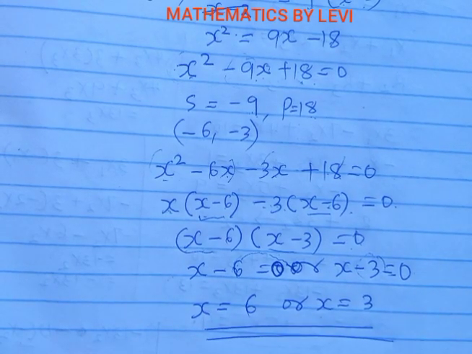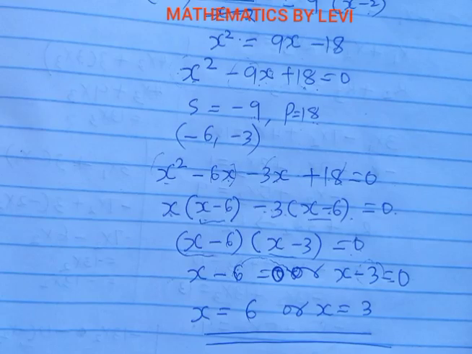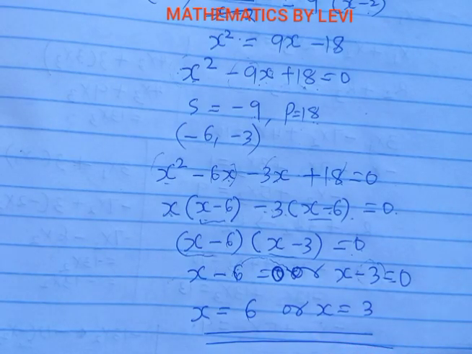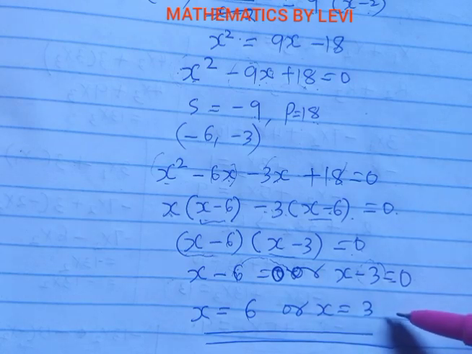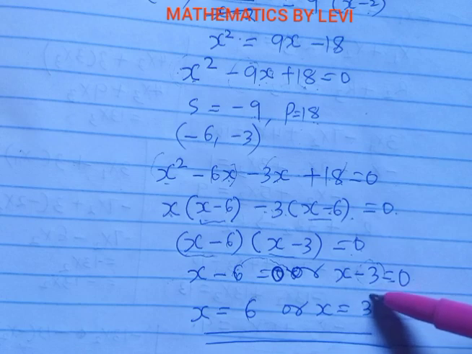And therefore, we have solved for the value of x in the above logarithmic equation, and we have obtained the value of x as 6 and also as 3. So x can take two values: it can be 6 and it can also be 3.